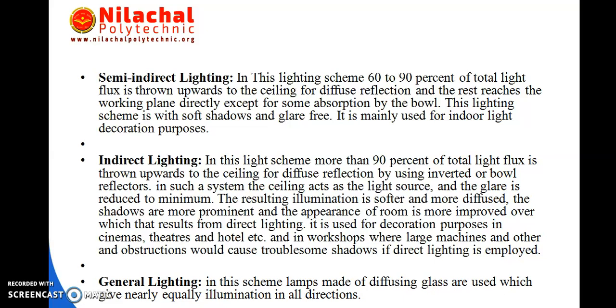So indirect lighting means that in this lighting scheme more than 90% of total light flux is thrown upward to the ceiling for diffuse reflection by using an inverted bowl reflector. In such a system, the ceiling acts as the lighting source and the glare is reduced to a minimum.